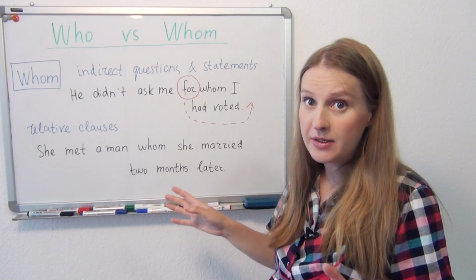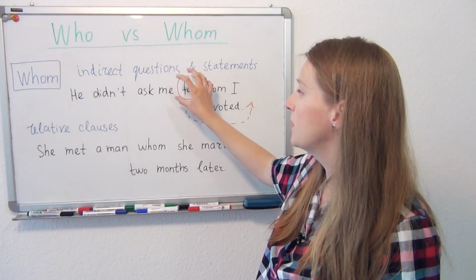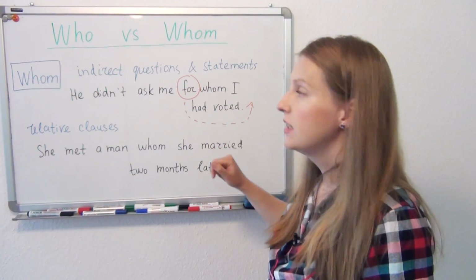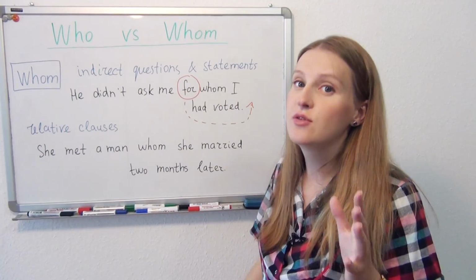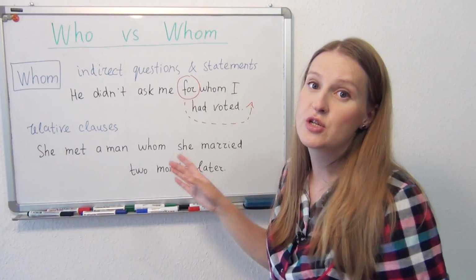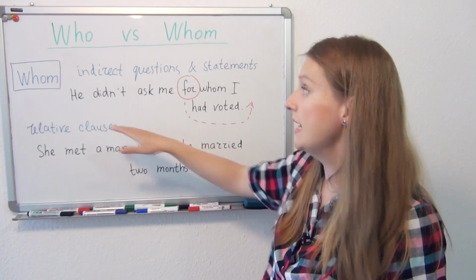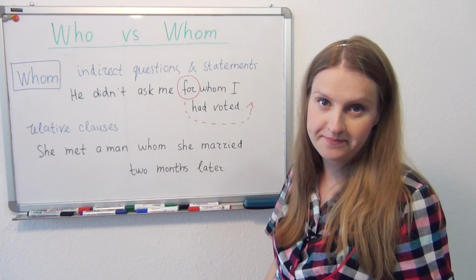It is very common when we use who with prepositions to leave the preposition at the end of the sentence. But when we use whom, it's not very common to put the preposition at the end. Usually it goes before whom. So we say, he didn't ask me for whom I had voted.